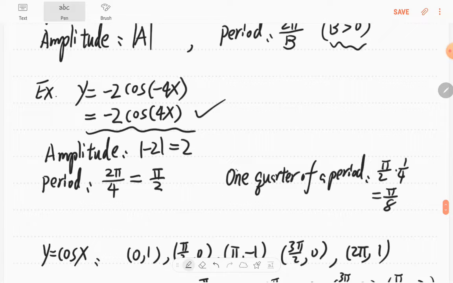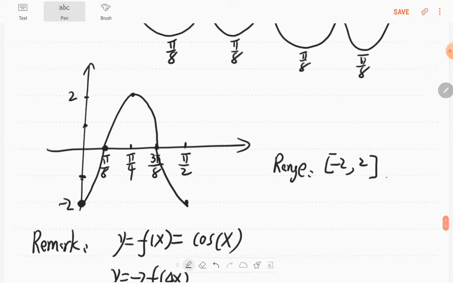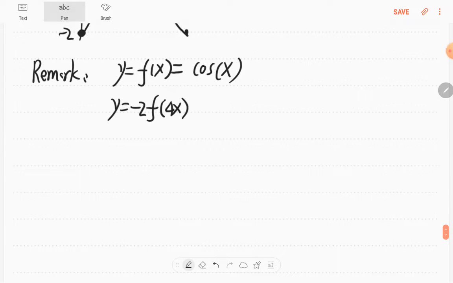We need to get rid of this negative sign, using the even function or odd function. So that means we will flip the graph about the y-axis and then multiply by 2, stretching the graph twice vertically, and then compress the graph horizontally.